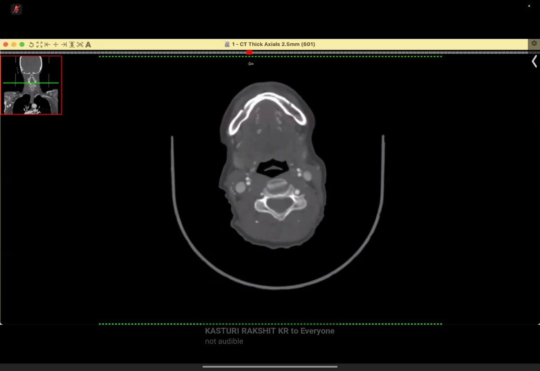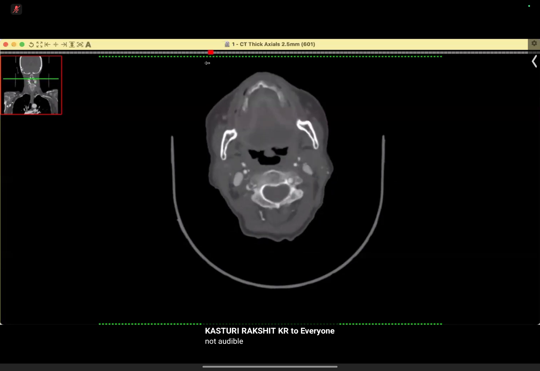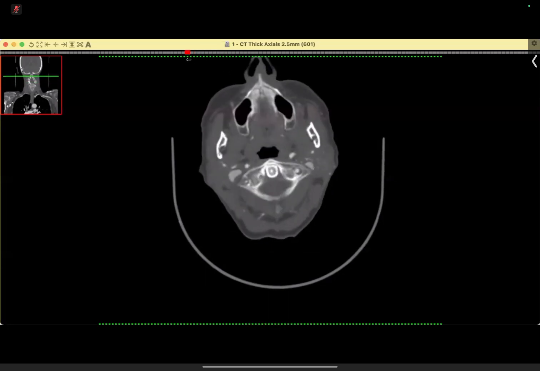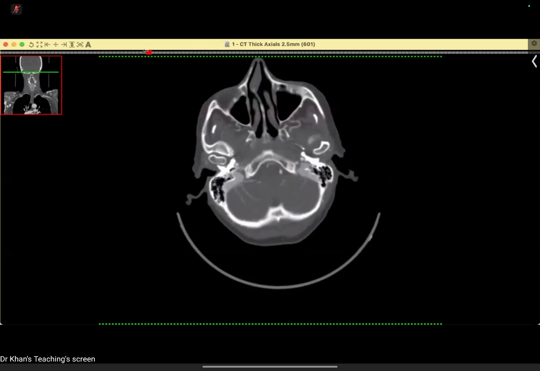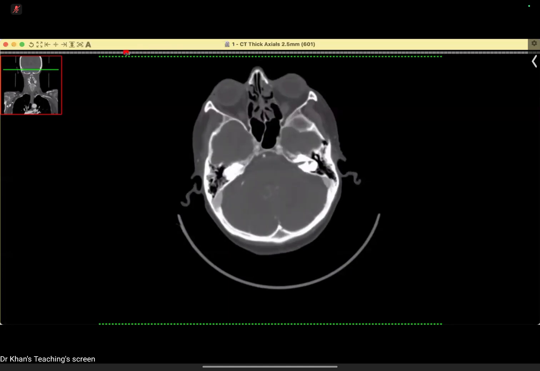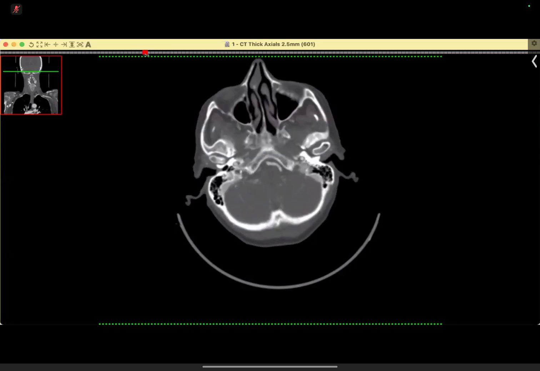I'm looking through the ICA now, bilateral ICA. Speak up, please. Once again, you are barely audible. Okay, sir. So I'm looking through the right internal carotid artery.